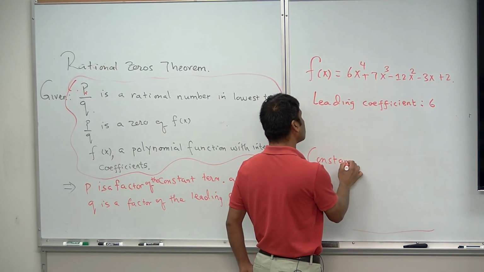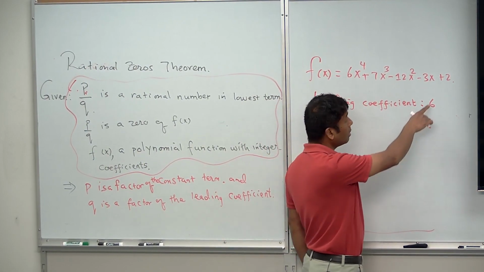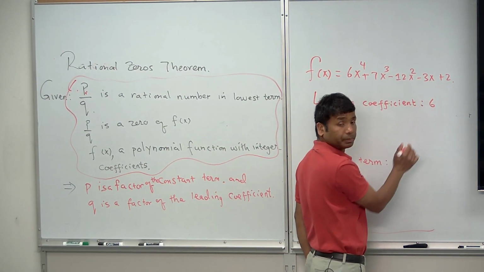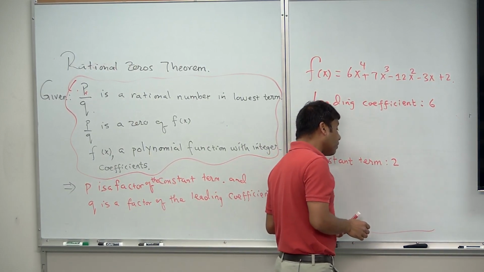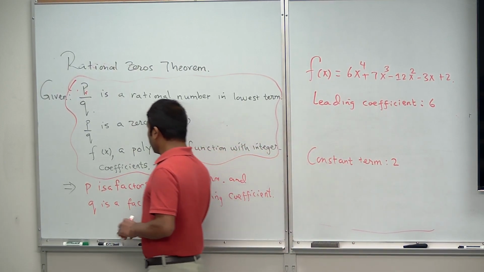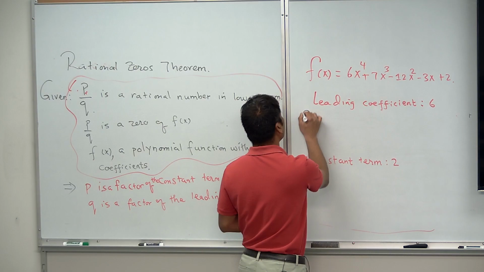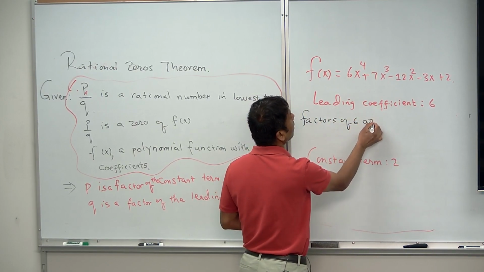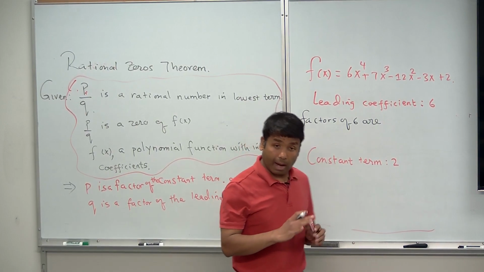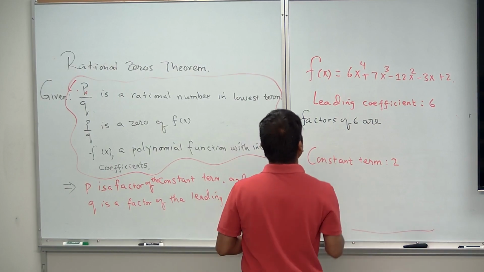And what is the constant term? What is the constant term, guys, here? 2. Are you with me? Now you find the factors of the leading coefficient. What are the factors of 6? We are going to list all possible rational zeros.